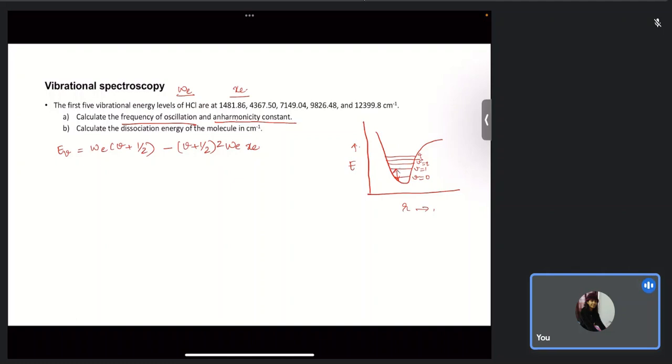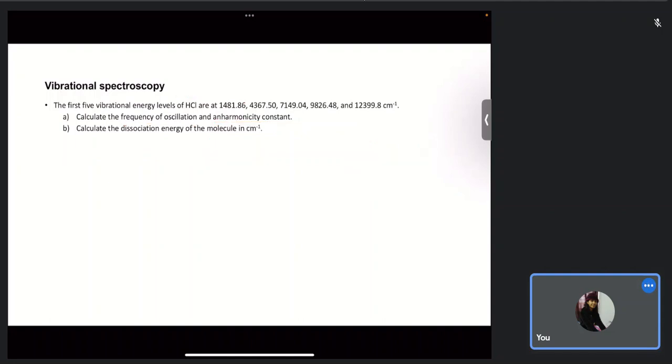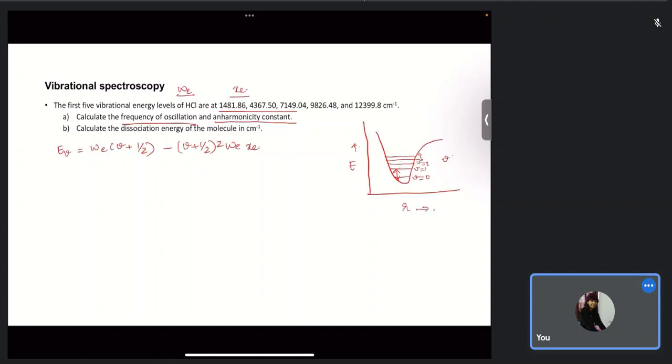The energy gap reduces as we go higher in V. When you look at these energy values, you can clearly see that the energy gap gets lower as we increase the V values.